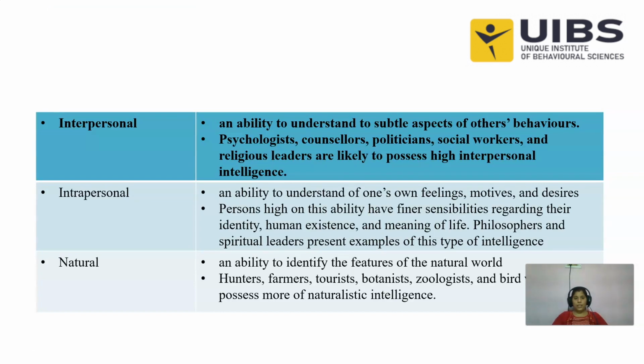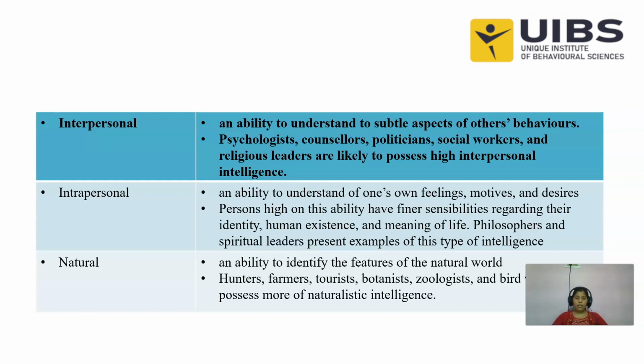Next is interpersonal. People with high level of interpersonal intelligence can understand motives, feelings, behaviors of other people, and they can develop a comfortable bond with other individuals. Psychologists, counselors, politicians, social workers, they have this kind of intelligence.